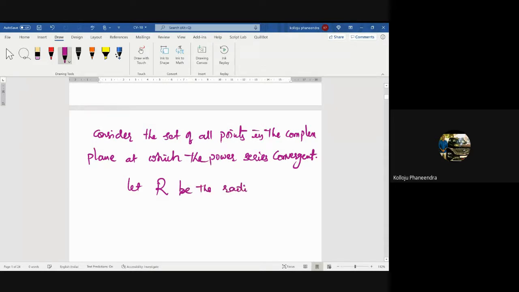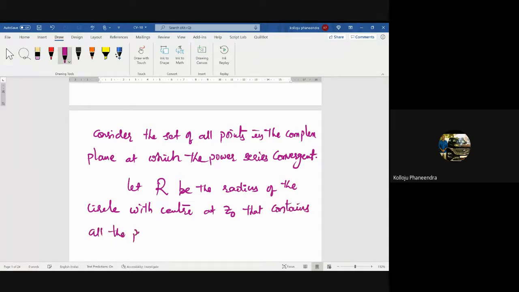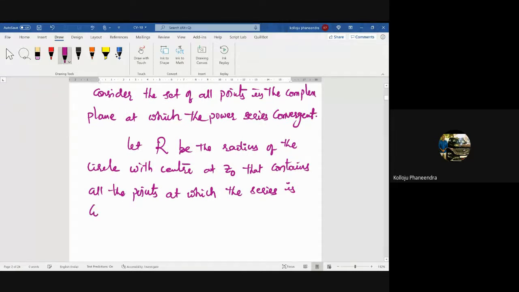of the circle with center at z0 that contains all the points at which the series is convergent.